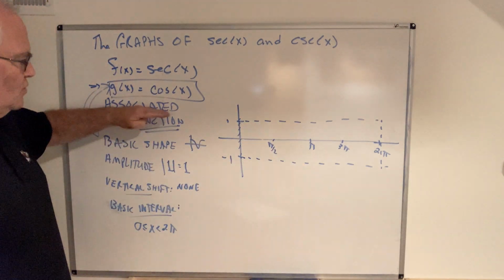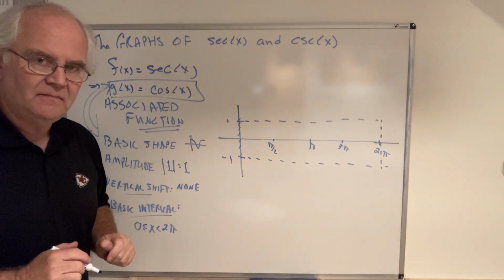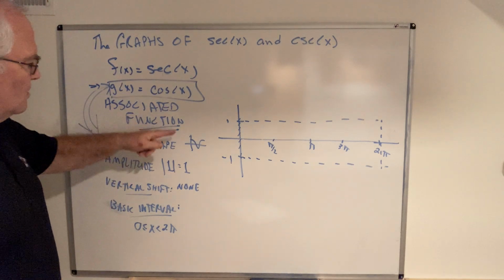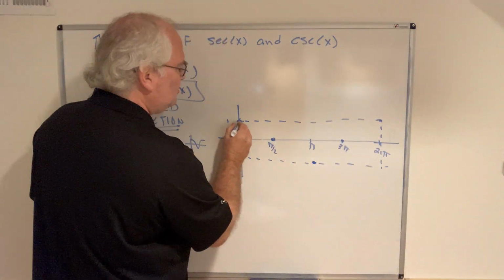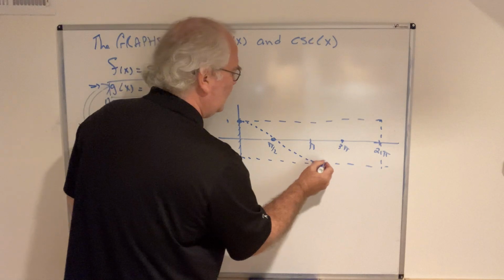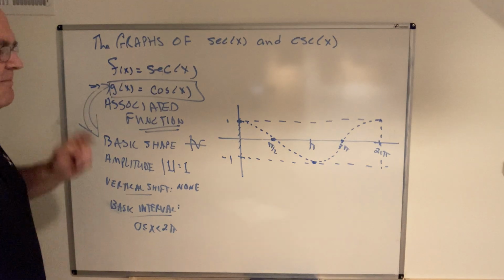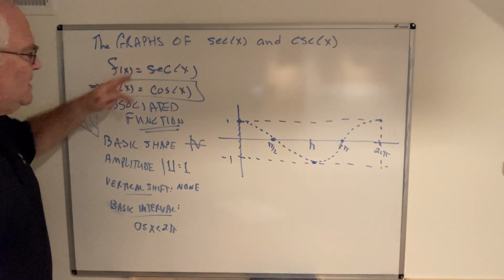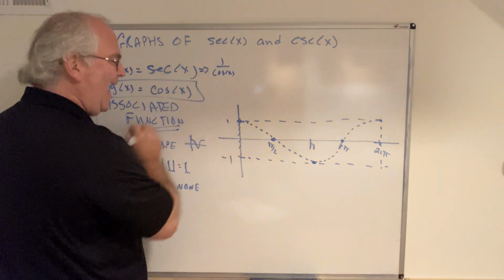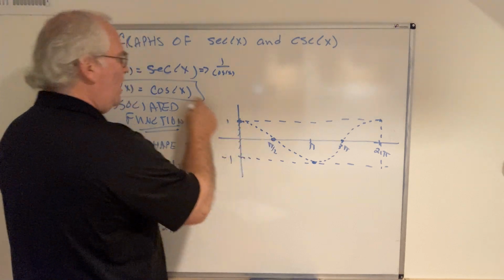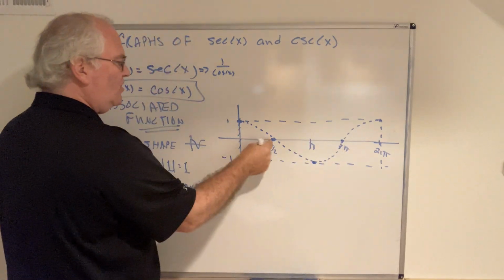And so when you draw the graph of the associated function, in this case cosine, draw it as a dotted line. Not solid, draw this dotted. So cosine is peak, node, trough, node, peak, but draw this as a dotted curve because this really isn't the graph we're looking for. We want secant. But now we use the fact that secant is the same thing as 1 over cosine. And what we have is everywhere cosine crosses the axis.